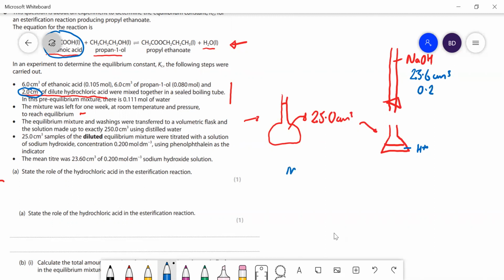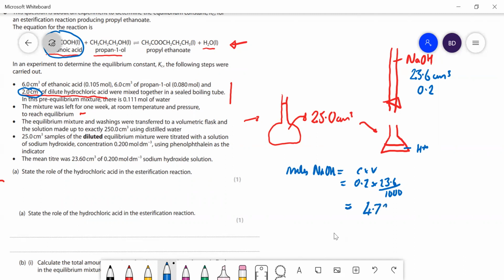So moles of NaOH required in the titration is conc times volume. So it's 0.2 times 23.6 over 1,000, which gives us 4.72 times 10 to the minus 3.